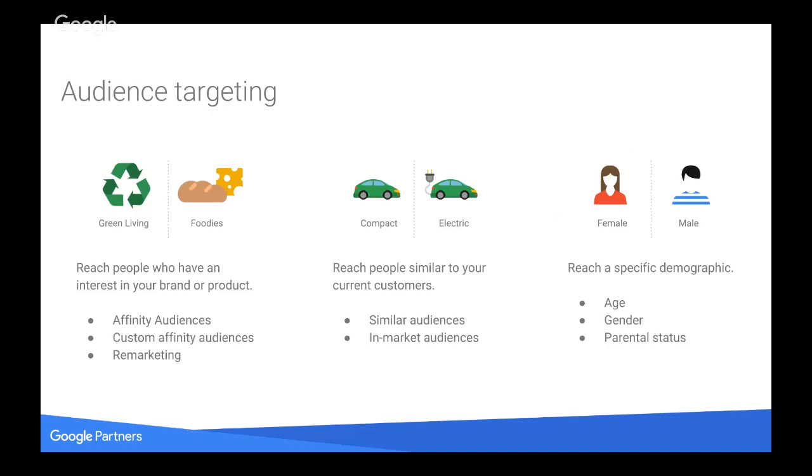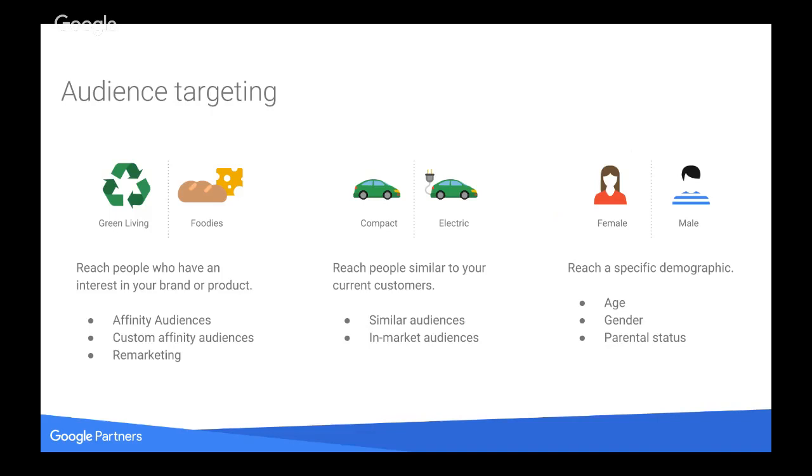Similar audiences are people who have, as the name suggests, similar interests to those who are already in your audience list. But an in-market audience helps you look for people who are currently in market for that product or who have shown intent to buy that sort of product, or your product, right now. Say someone's been searching for electric cars quite frequently in the last 5 or 6 days.